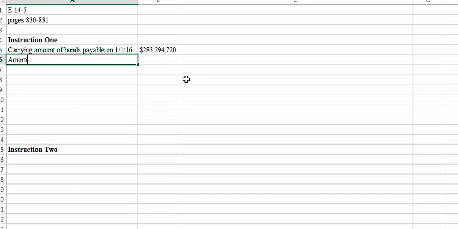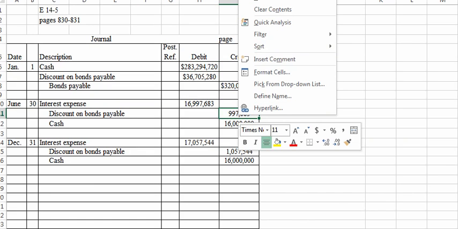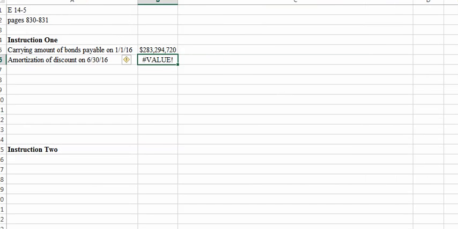But amortization of the discount on 6/30/16. We'll add that to it. $997,683. Well, something didn't work there. Let's try again.